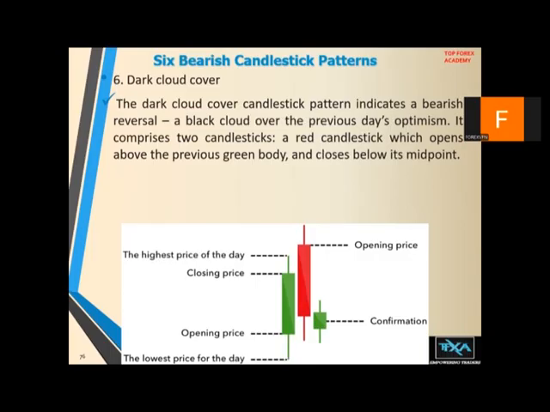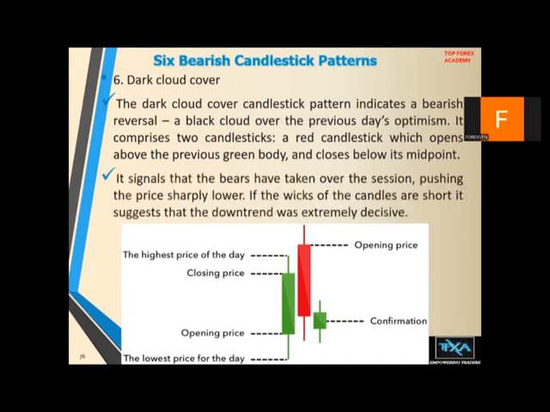It comprises two candlesticks, a red candlestick which opens above the previous green body and closes below its midpoint. It signals that the bears have taken over the session, pushing the price sharply lower. If the wicks of the candles are short, it suggests that the downtrend was extremely decisive.